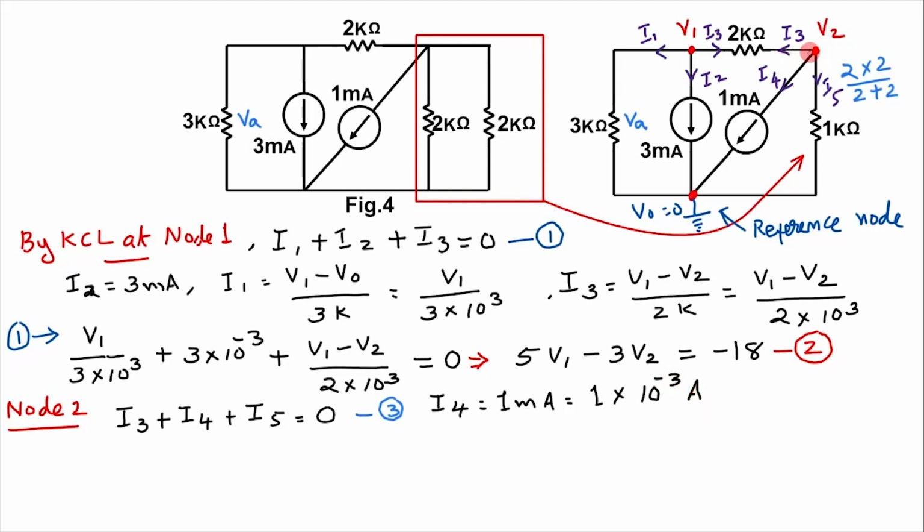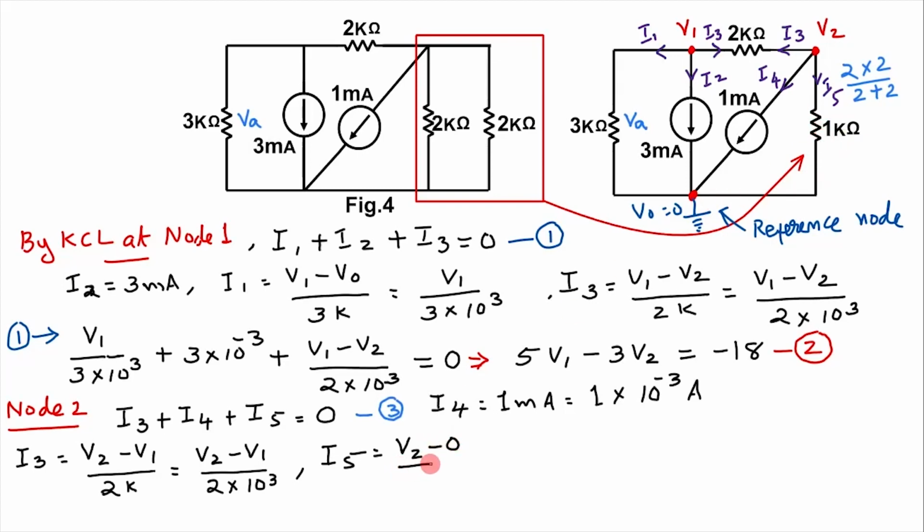Then I3 is equal to V2 minus V1 divided by this resistance 2K, that is V2 minus V1 divided by 2 into 10 raised to 3, and I5 is equal to V2 minus reference V0, 0, divided by 1K, that is V2 by 1 into 10 raised to 3.